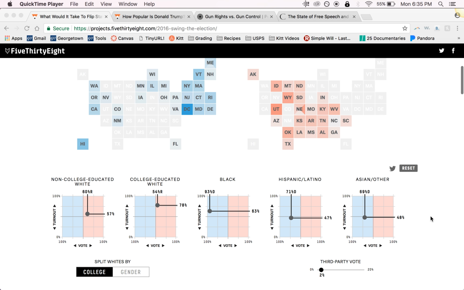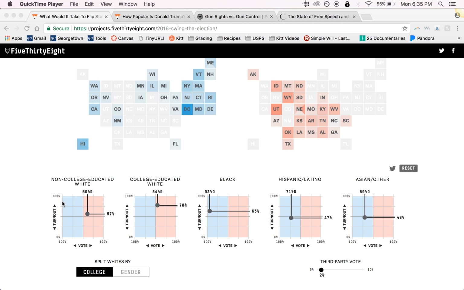Here's one way they may look at their strategies. We can divide the population into 5 categories. These categories are demographic categories: non-college educated whites, college educated whites, African American voters, Hispanic Latino voters, Asian, and others. So 5 different demographic groups. And each box has these characteristics.